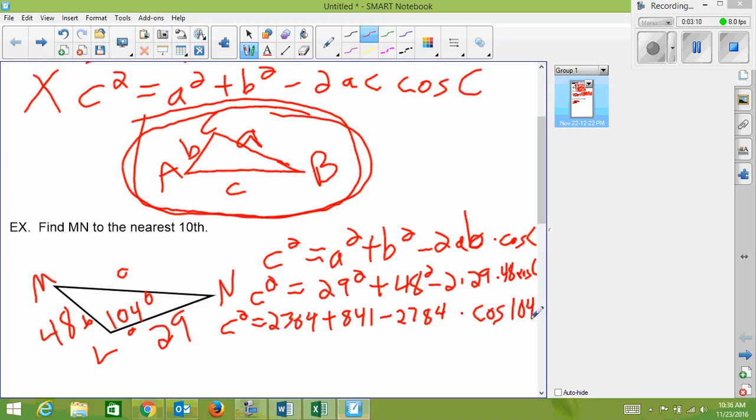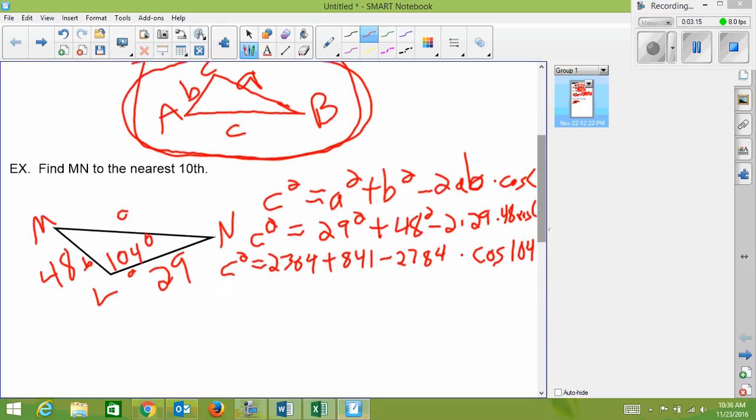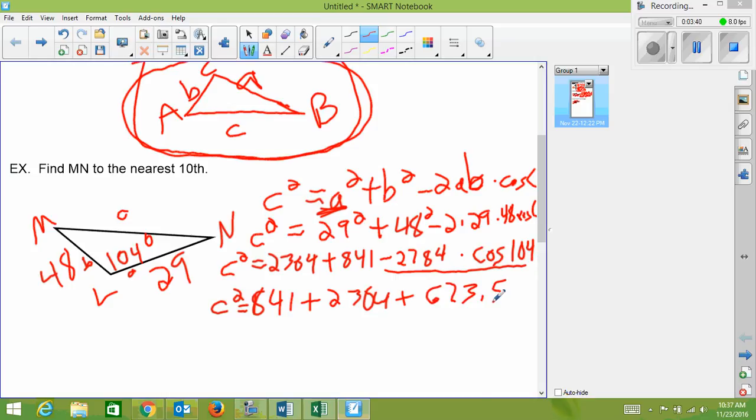Now I can do a little more work as I'm going through here. So I would have c squared equals, and I should have this 841 first, I guess, since I had a first right here, plus 2304, plus, I went ahead and did this part on the calculator, and I got 673.5.